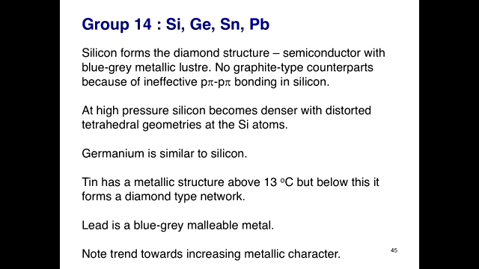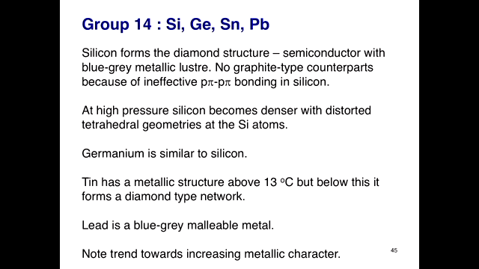Let's just go down the group 14 elements, as we go down through silicon, germanium, tin and lead, and we move from carbon, which is certainly a non-metal, to silicon. And silicon has a structure very similar to diamond. We can change the structure. There is another form of silicon which has a little bit more metallic character. We go down to germanium, that's similar to silicon.